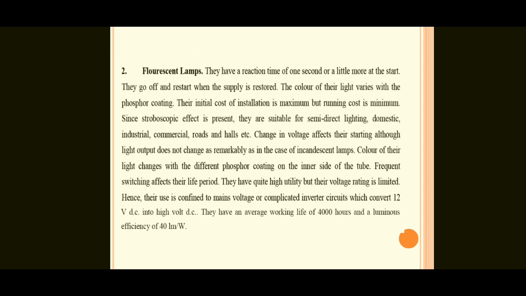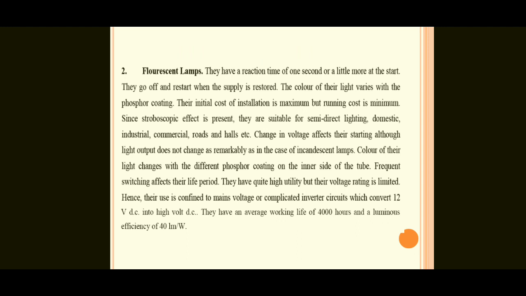Here the change of voltage means if the power input is very low, then this type of fluorescent lamp does not glow. But not in the case of incandescent lamps. If the input voltage is low, the output of the bulb is low, means the lumens generated is low.